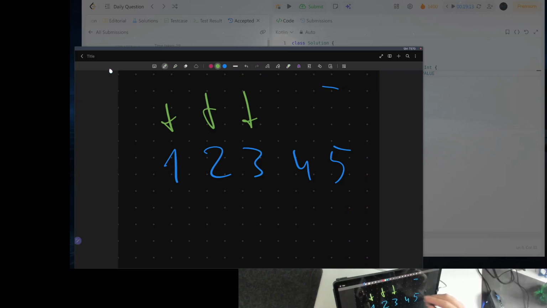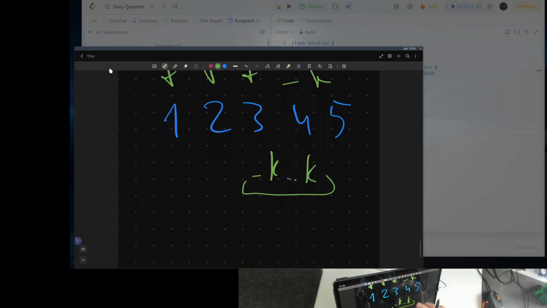What we can do is plus or minus up to k. So we can add or remove any number in a range of minus k to k. And after this operation, we want to find the maximum number of resulting distinct numbers.